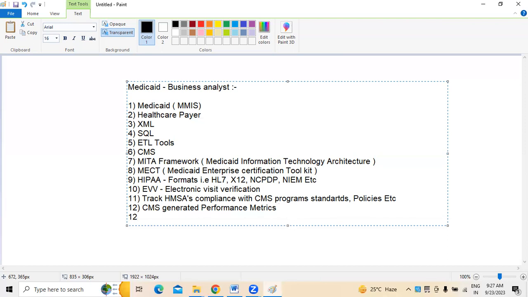Next, we need knowledge of monitoring CMS regulations, whatever the CMS regulations are. Monitoring the CMS regulations is one of the key elements, because regulations and standards, everything should be known.